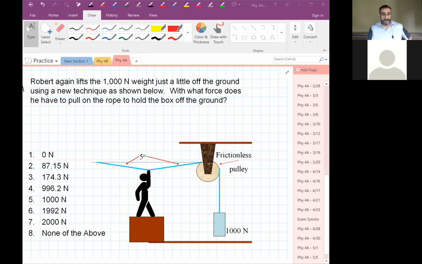Draw a free body diagram for this point right here. Draw a free body diagram for that point. Probably have to do some calculations.